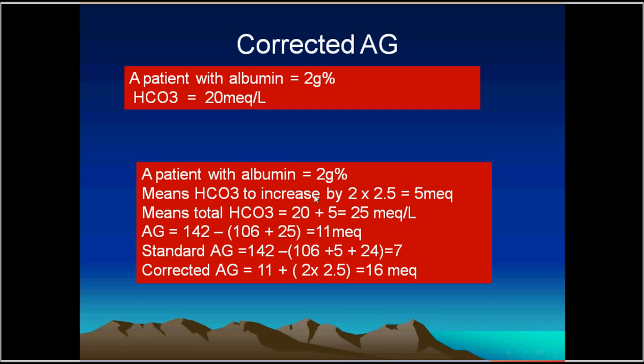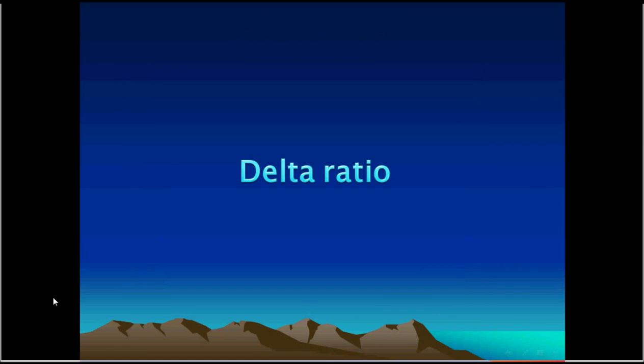But his actual anion gap in this case, when we calculate it, is 11, so he has a high anion gap. Or make it this way: the anion gap plus the difference gives you 16, more than 12 by 4. This means the patient has a corrected anion gap that we have to take care of. We are going to use it in a lot of things.